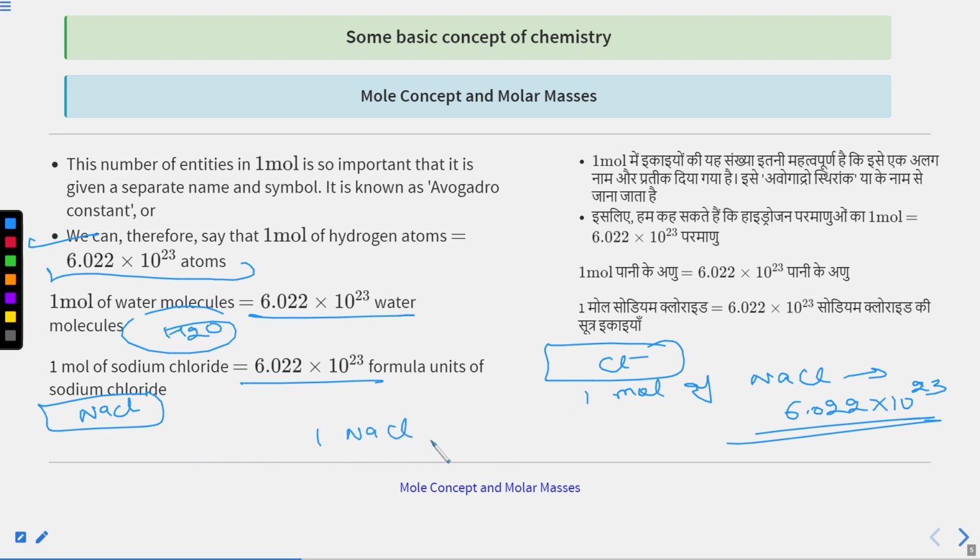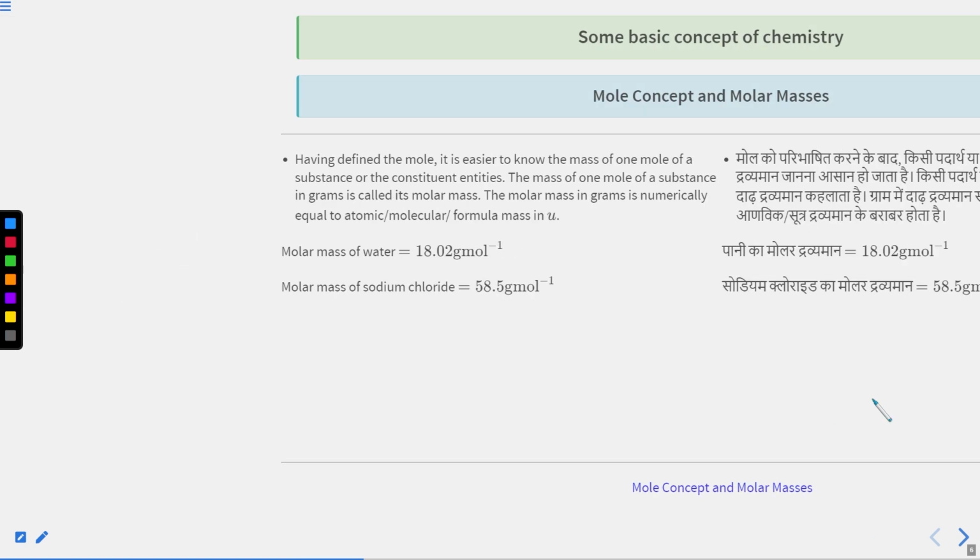So you can see in 1 NaCl, 1 chloride ion is here, right? So in 1 mole of NaCl, 6.022 into 10^23, which means Na number of NaCl formula units are there, and in 1 formula unit there is 1 Cl negative, so the same number of chloride ions are there in 1 mole of NaCl, which is Avogadro number 6.022 into 10^23.